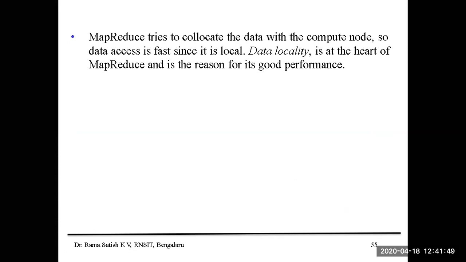Only programs will move from the server to the nodes. The programs will execute simultaneously on all nodes, but data will not move. So data access is fast, since the data is stored in a local computer.